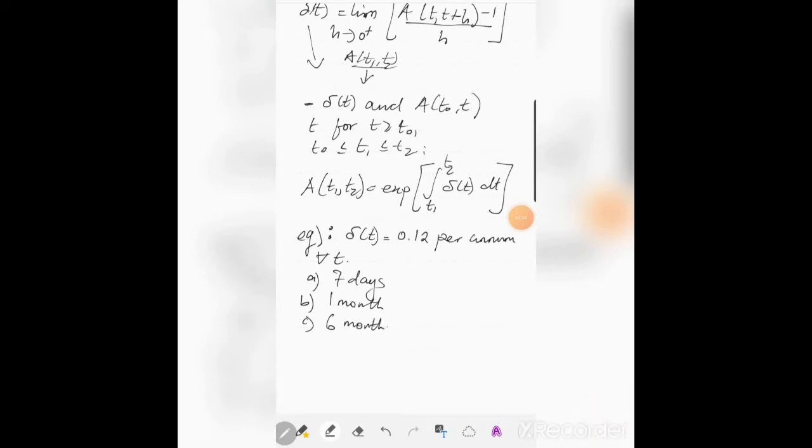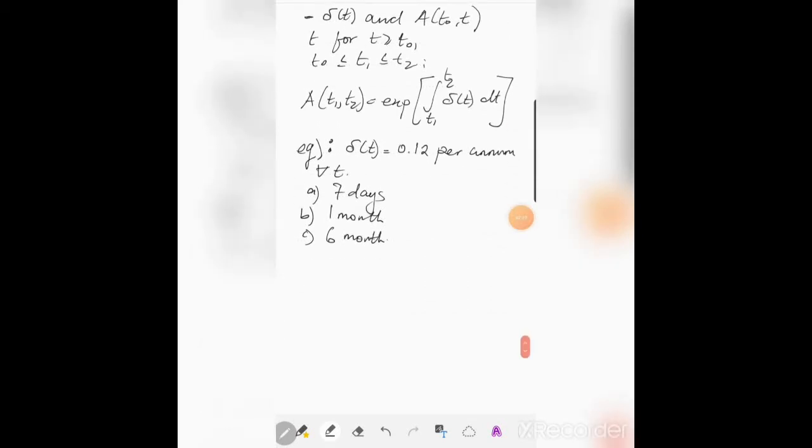So let me read the question again. The force of interest per unit time delta t is equal to 0.12 per annum for all t. Find the nominal rate of interest per annum on deposits of the first part 7 days, second part 1 month, and the last part 6 months.